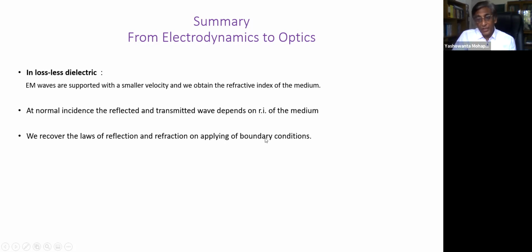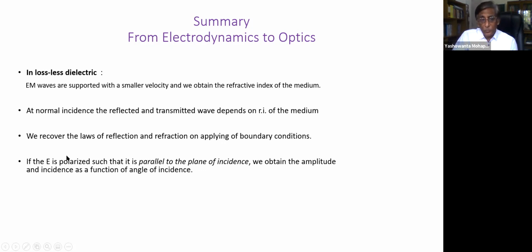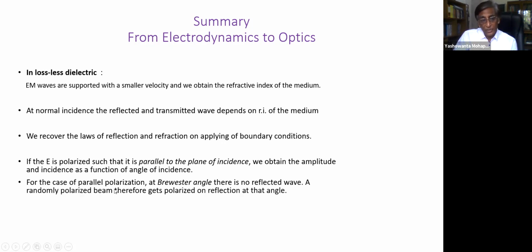The other case that I have not done, I would ask you to do, so that you have full practice of how to use these boundary conditions. If E is polarized parallel to the plane of incidence, which is the case that I did, we obtain the amplitude and intensity as a function of the angle of incidence. For the case of parallel polarization, there is a Brewster angle, and there is no reflected wave. A randomly polarized beam therefore gets polarized on reflection at that particular angle.